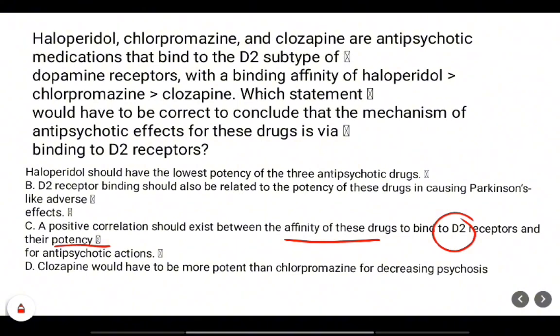Yes. To conclude that the mechanism of antipsychotic effect for these drugs is via binding to D2 receptors, there should be a positive correlation between affinity for D2 receptor and their potency for antipsychotic actions. Haloperidol should have the highest potency and clozapine should have the lowest.